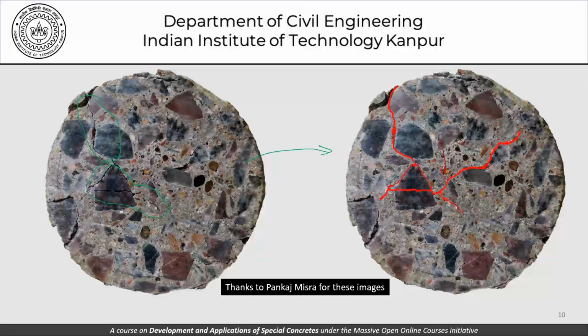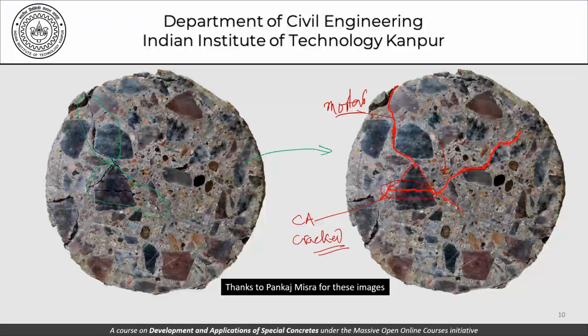Upon load application, this crack goes like this. I don't know where it started, that's not the point, but the crack goes through this phase. Now this phase is the mortar phase. And very rarely do you see cracks going through the aggregate. Of course, here is an exception. Here the coarse aggregate has cracked.